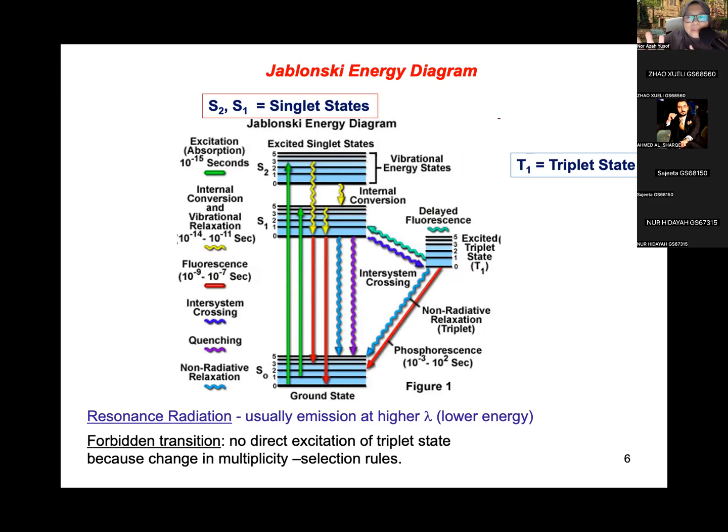Again, I'm not going to discuss that in detail. You have to revise if you have taken molecular spectroscopy, or during your undergraduate, the excitation of electron and the relaxation of electron that emits energy.